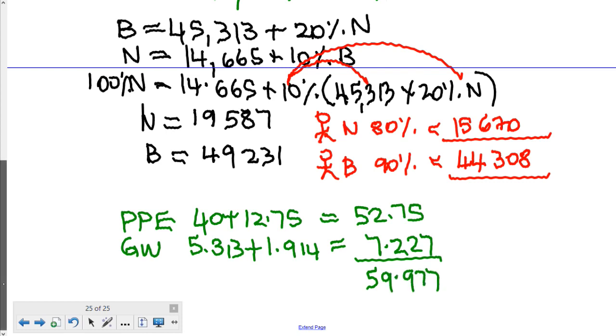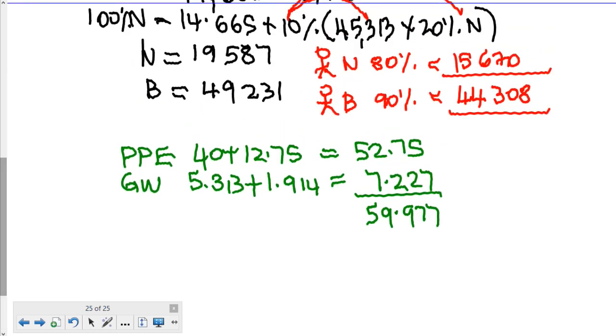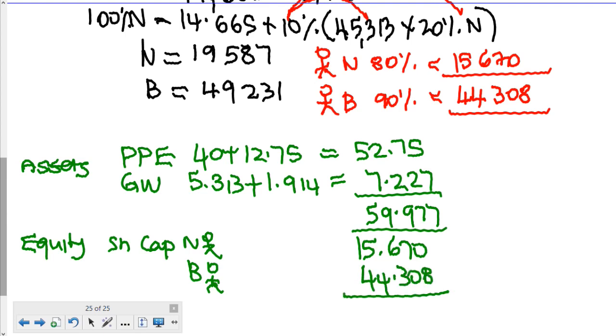And that's represented by equity. Do you agree? So this is assets. It's represented by equity. Equity is share capital, N shareholder, and B shareholder. What were the numbers I had? 15,670 and 44,308. There's your balance sheet that balances, right?